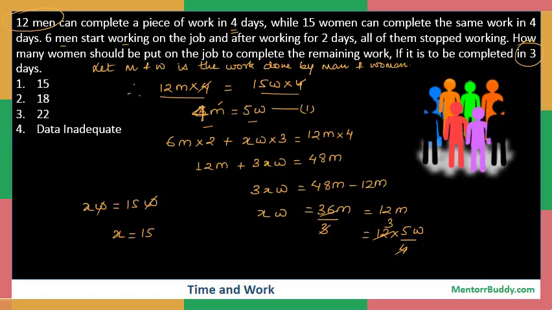So now we can say that 15 women finished the remaining work in 3 days, and therefore the answer to your question becomes 15 women. That is option number 1.